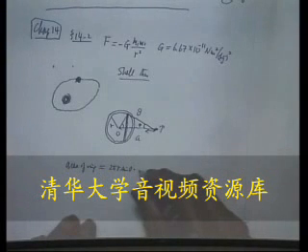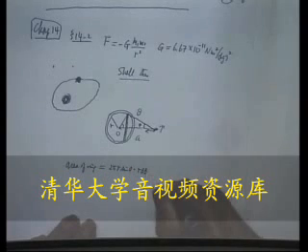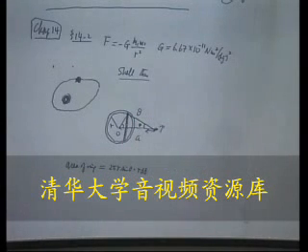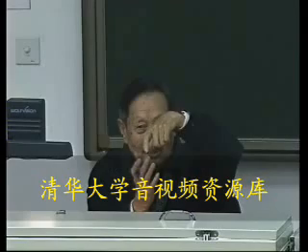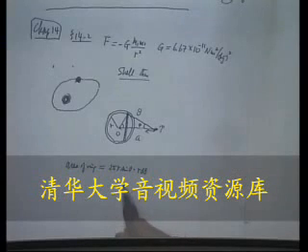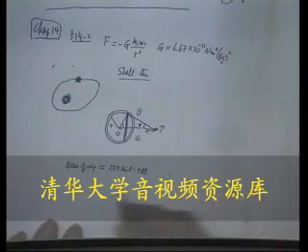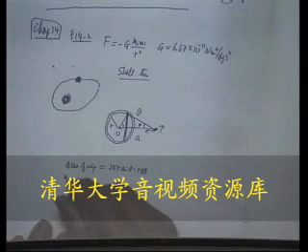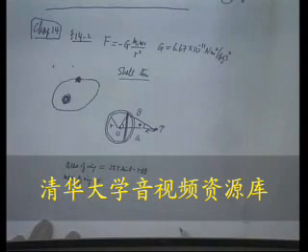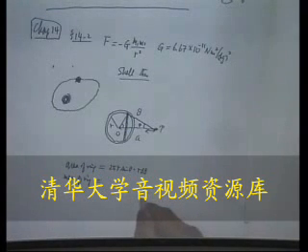The width of the ring is r d theta. Agreed? It's like a piece of watermelon rind: this circle is 2 pi r sin theta, and the width of the rind is r d theta.